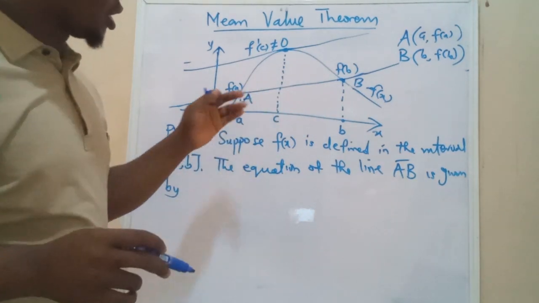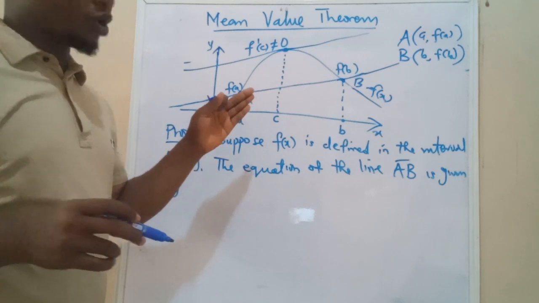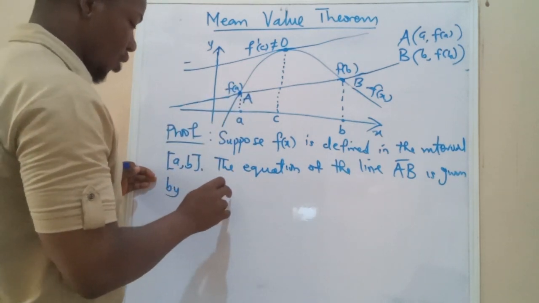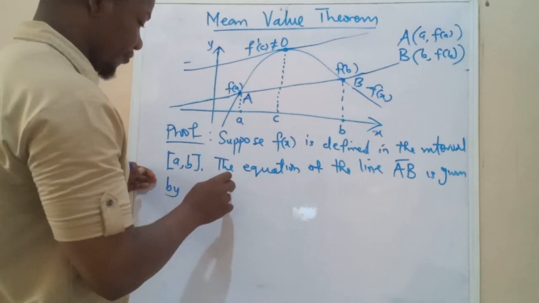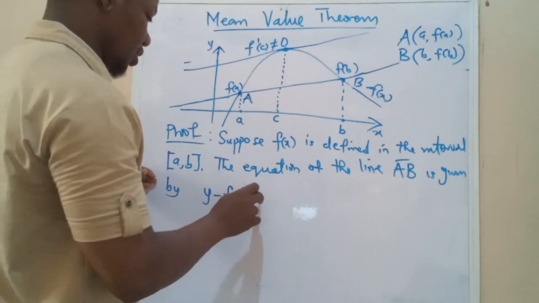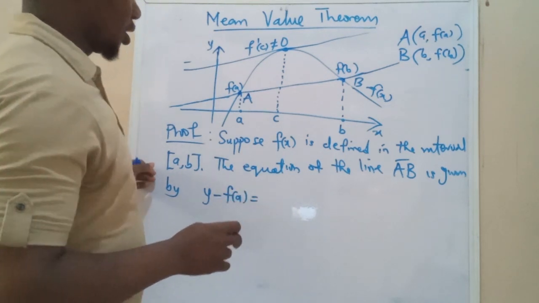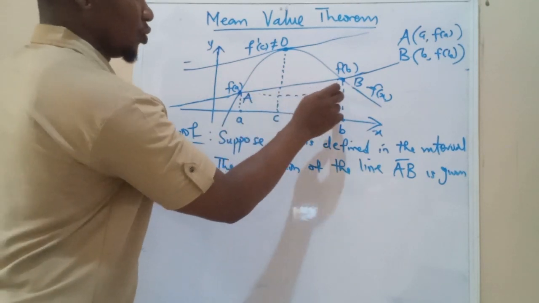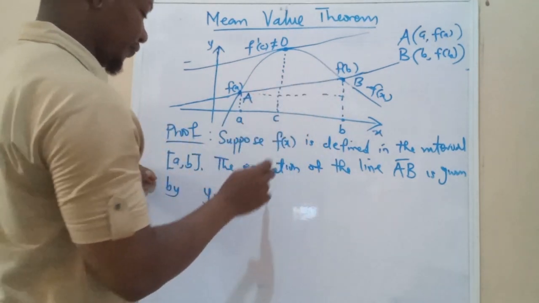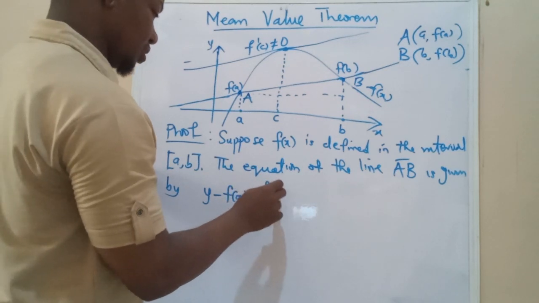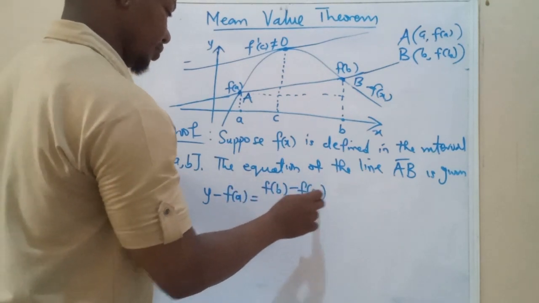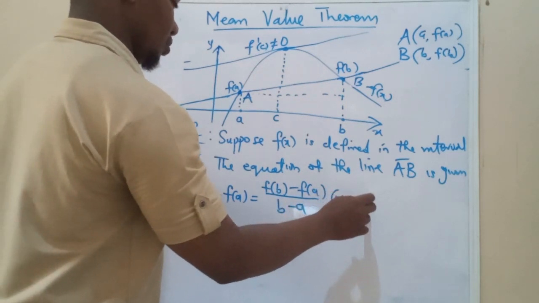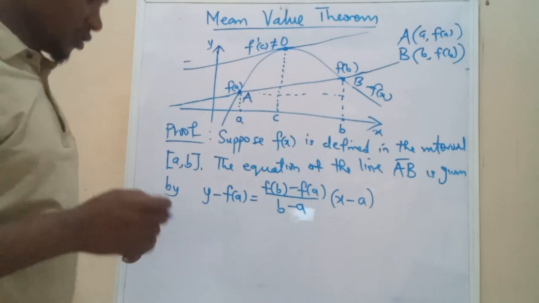Okay, this is the two-point equation, and it will be given by y minus f of a equal to the slope of this line. You know the slope of this line will be the difference of f of b and f of a all over b minus a, multiplied by x minus a.